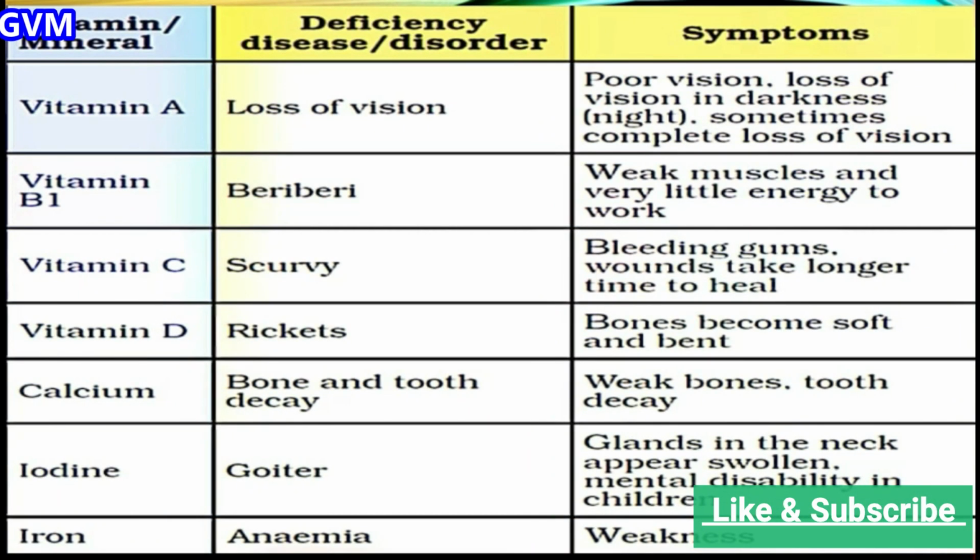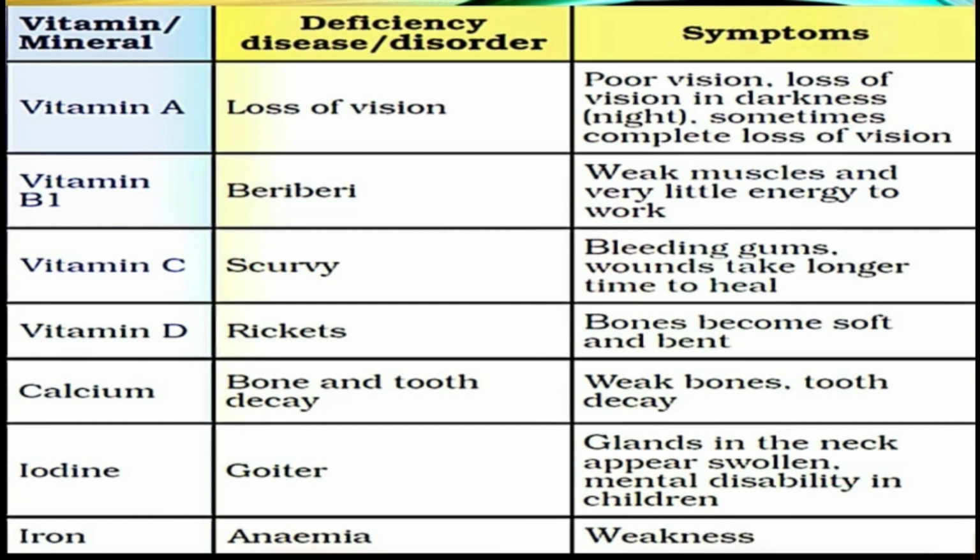Now students, as you can see here is a table in which there are 3 columns. In the first, there are certain vitamins and minerals that are essential for our body's proper growth. Secondly, in the second column, deficiency diseases and disorders that are basically caused by the lack of these vitamins and minerals in our diet. And thirdly, in the third, there are symptoms of these deficiency diseases.